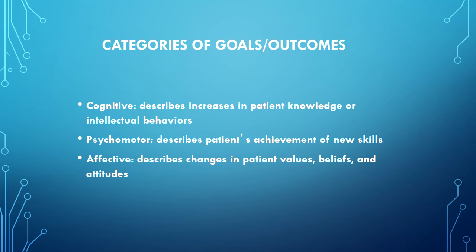As you determine goals for the patient, goals and outcomes are sometimes used somewhat interchangeably. Goals are what we hope to have happen. Outcomes really are, in the end, what does happen. We have cognitive types of goals. Cognitive goals describe an increase in the patient's knowledge or intellectual behaviors.